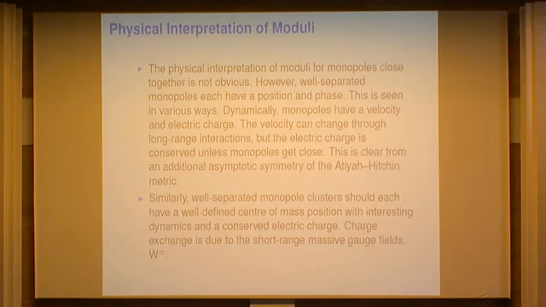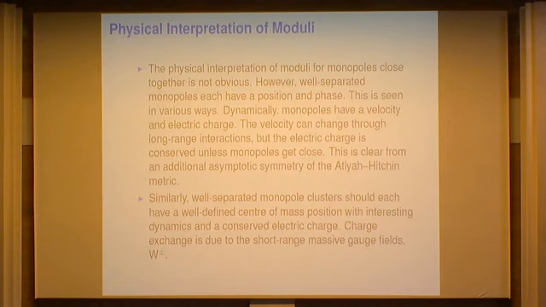Even though the monopole can be deflected in its spatial trajectory, its electric charge will be conserved. And this is sort of clear in terms of an asymptotic symmetry of the Atiyah-Hitchin metric if you've got two monopoles. Electric charge exchange is due to the short-range massive gauge fields of the non-abelian theory, which are called the W bosons.